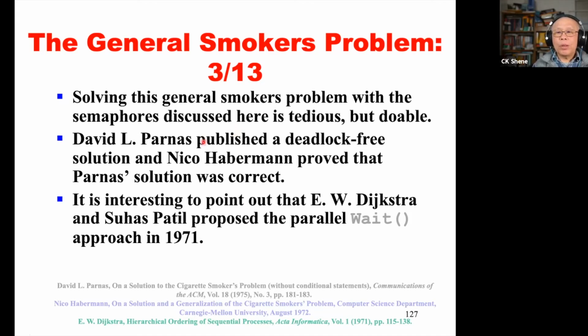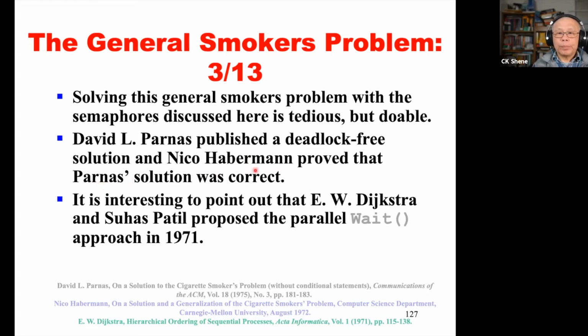The first such solution was published by David Parnas, a very well-known software engineer, researcher, and practitioner. This solution doesn't have deadlock, but he did not prove it. Later on, Nico Habermann proved that Parnas' solution was correct.